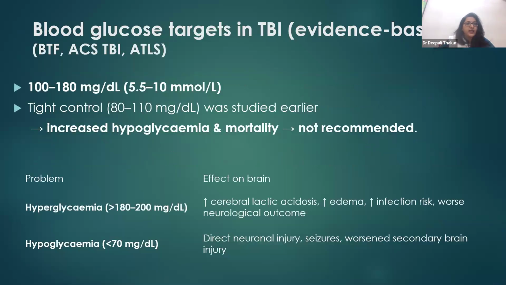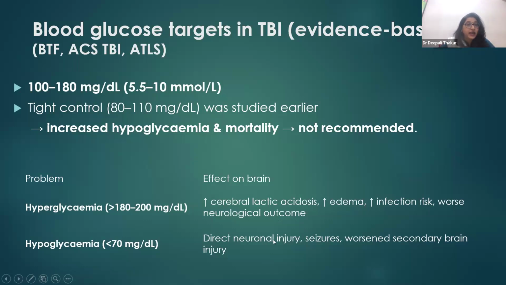These are the blood sugar targets. So 100 to 180 milligram per deciliter we are using, and we are no more using tight control. Hyperglycemia and hypoglycemia both can be detrimental for these patients. One, hyperglycemia may increase cerebral edema, increase risk of infection, and worsen the neurologic outcome.